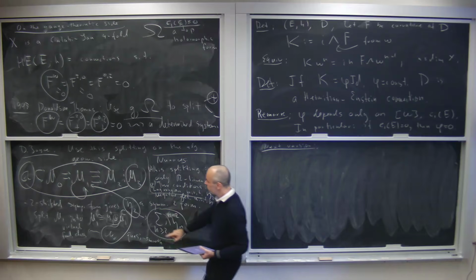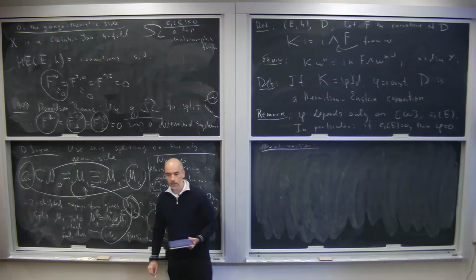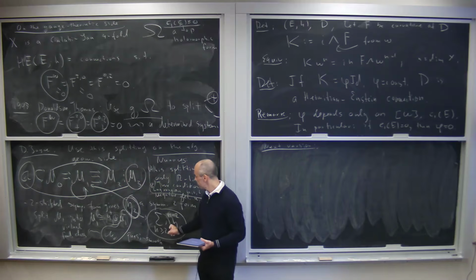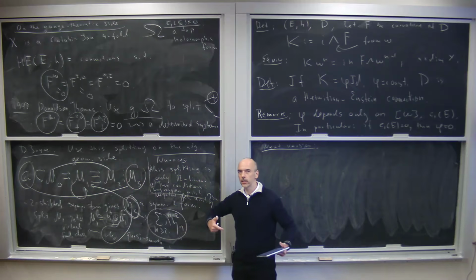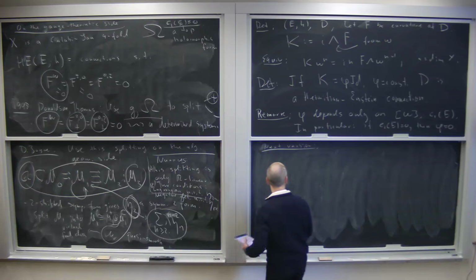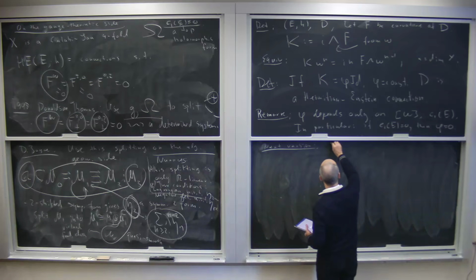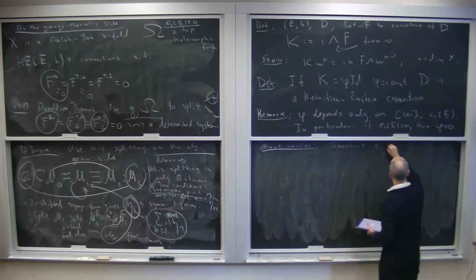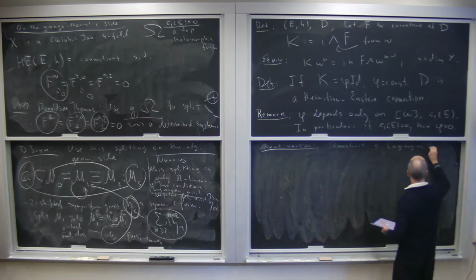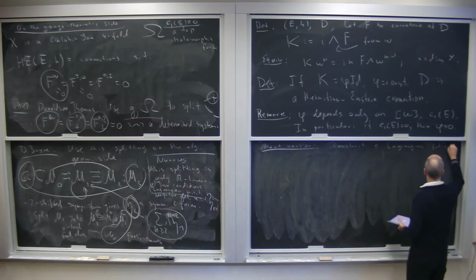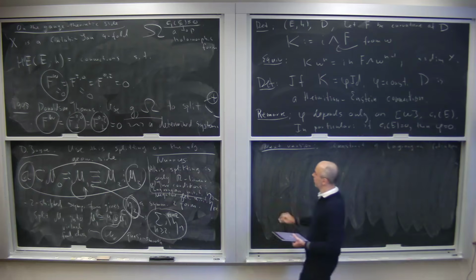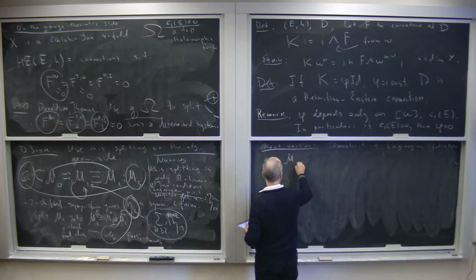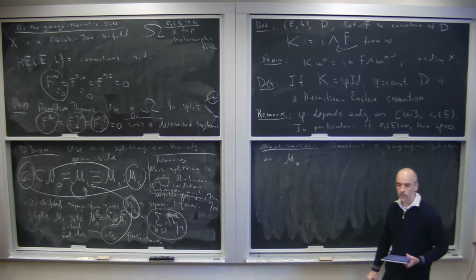So have not just a splitting with respect to this part, but in other words, have an isotropic structure as well. So construct a Lagrangian foliation on M, on all of them.